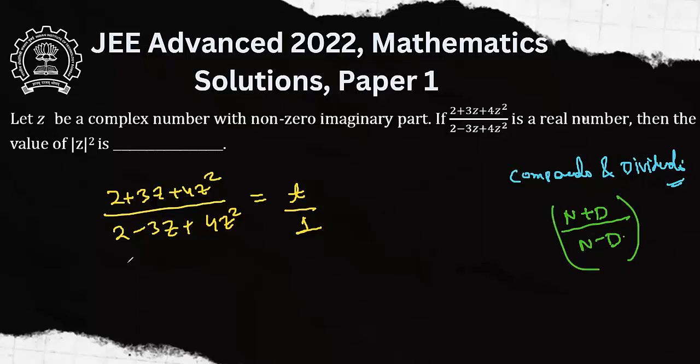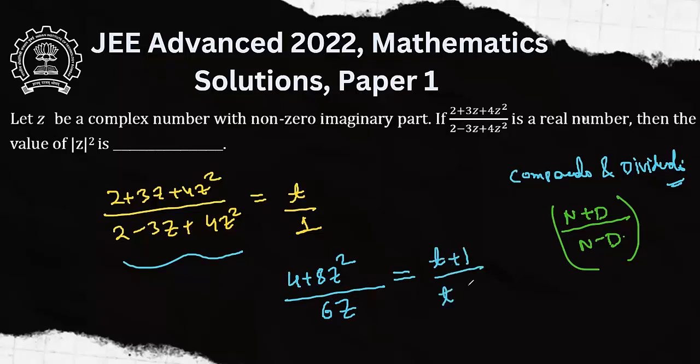So here, if I do numerator plus denominator, I am going to get 4 plus 8Z square, upon numerator minus the denominator, which is going to give me 6Z. This is equal to (T + 1)/(T − 1). Now, since T is a real number, this thing also is real. That means this thing here is a real number.